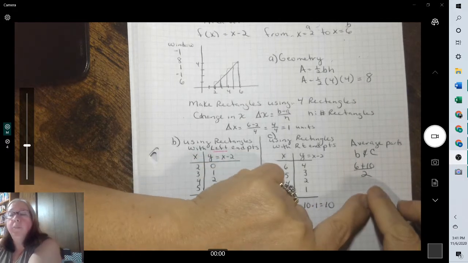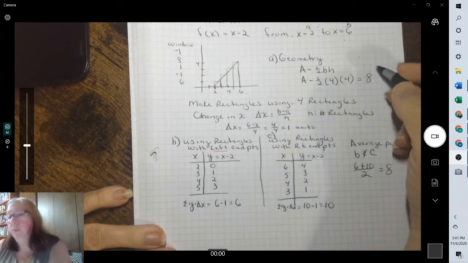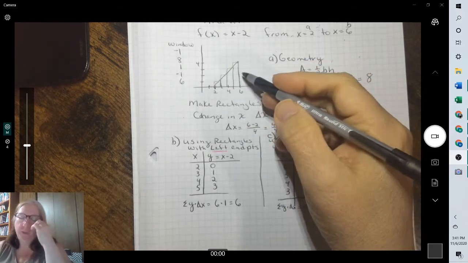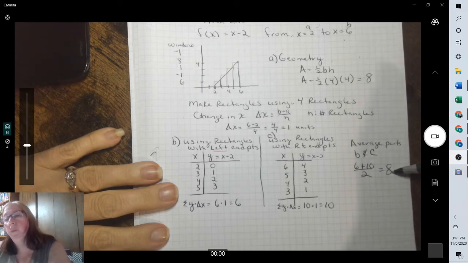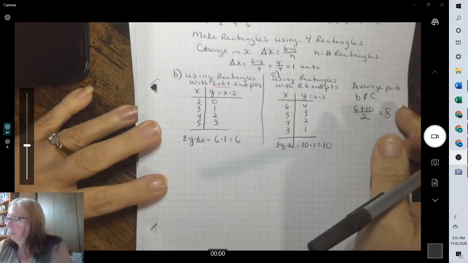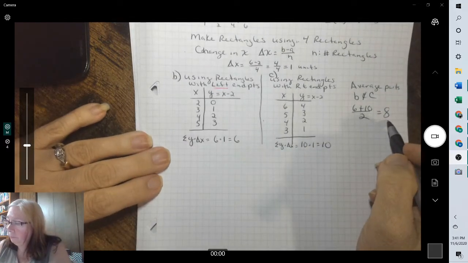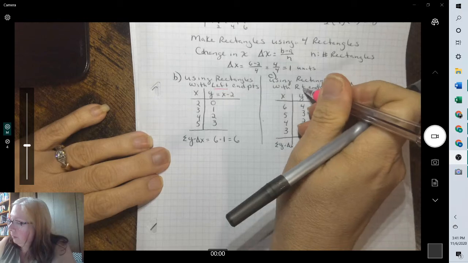Well, what if we take the middle, average them? And that gives us 8, which, because this is a triangle, it does give us the exact value. Sometimes it will not, but it will be closer. So averaging the two together is another way. Okay, so this one was right.